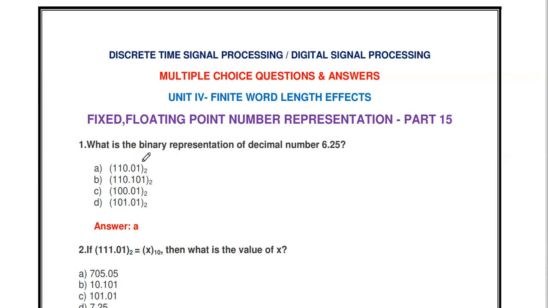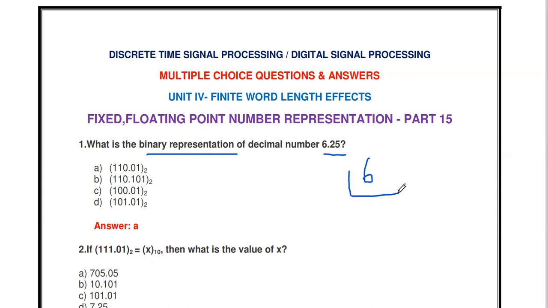So the first question: what is the binary representation of the decimal number 6.25? I think you already know how to convert a decimal number into binary representation. Here we see 6.25. The integer part, 6, you have to convert into binary.